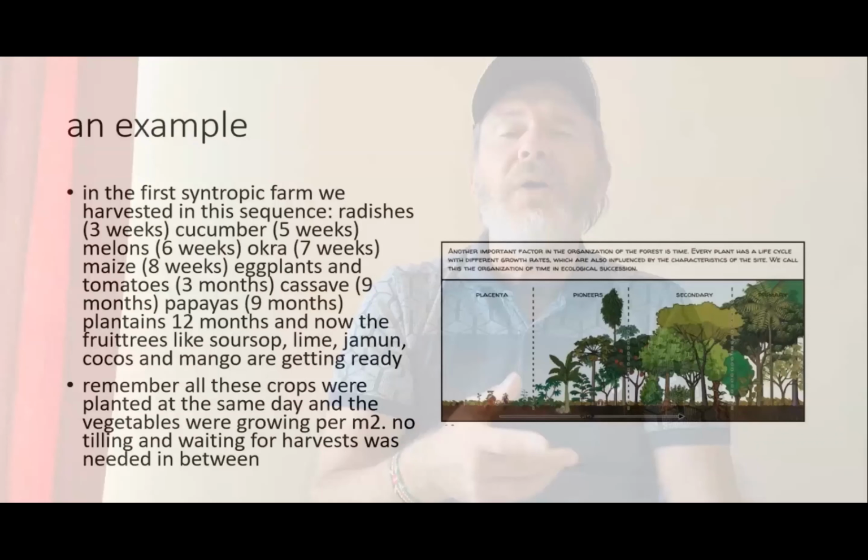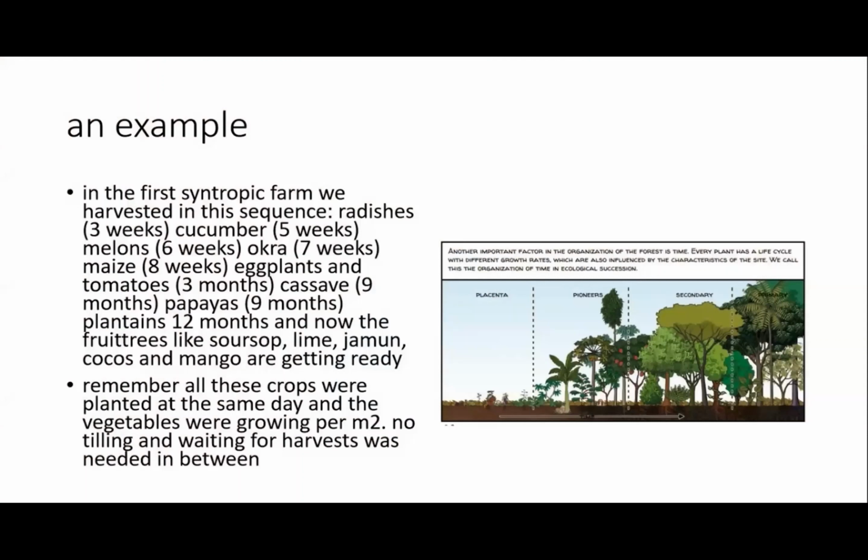First syntropic agroforestry farm in Curacao. Remember, all these crops were planted on the same day. Put in like 52 seeds in 1 square meter only for vegetables. So in between, afterwards, there's no tilling, there's no work. And normally when you plant maize, you have to wait for a few months to harvest your maize, and in the meantime you have no income.